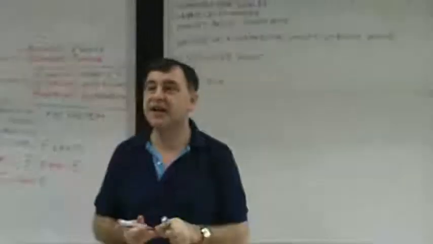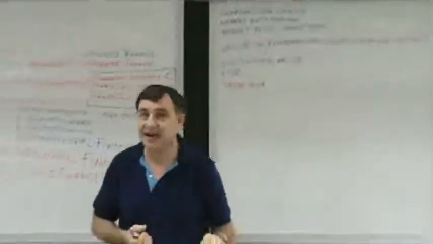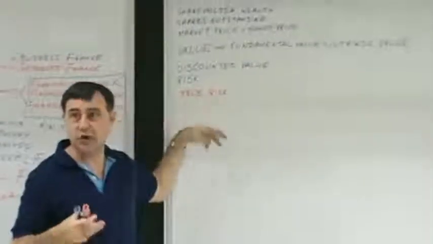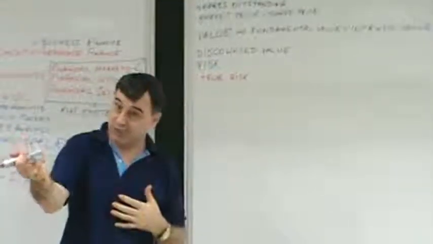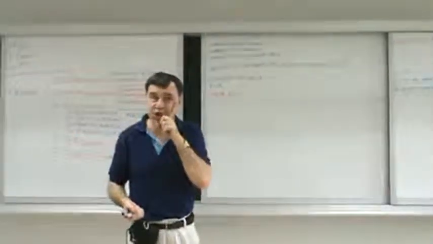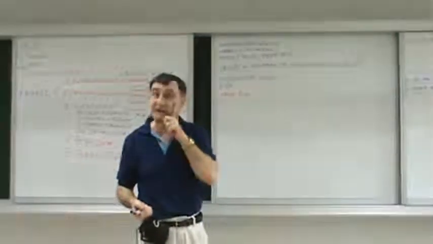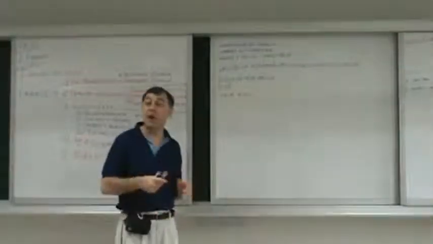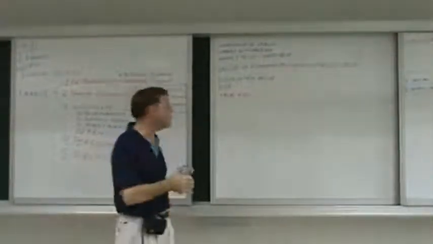True risk is the risk associated with a particular asset, which we also call an investment or business, if all information is known about it. And the opposite is perceived risk.